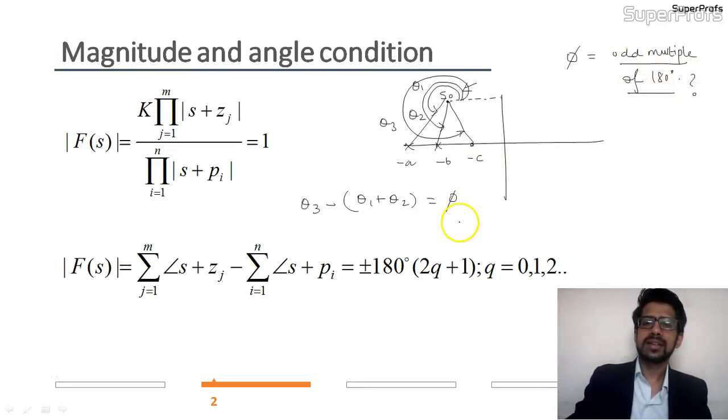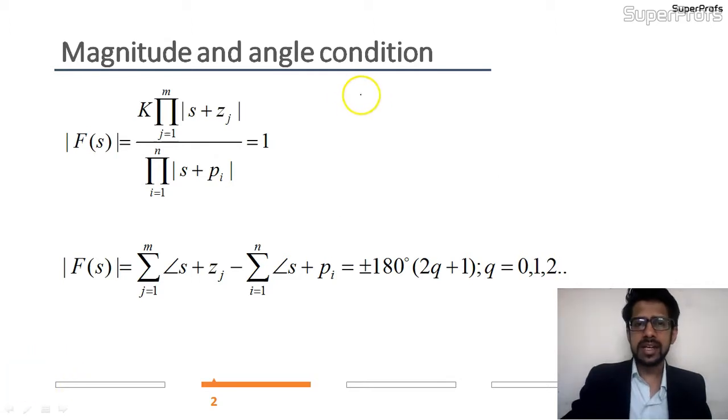If this angle condition is satisfied, then we can check if the magnitude condition is also right. So initially you will have to check the angle condition, and if the angle condition is verified, you can then go for the magnitude condition.